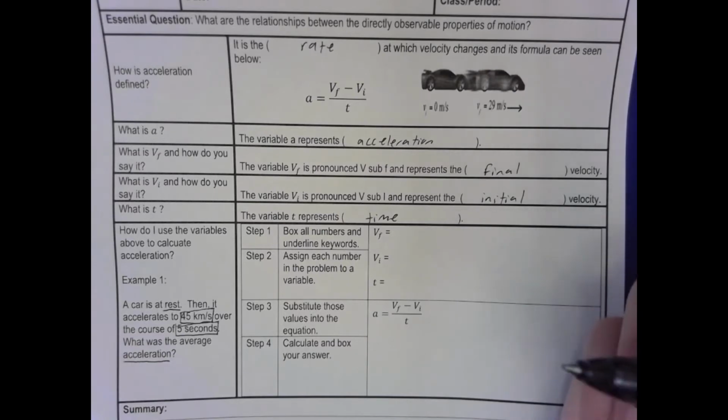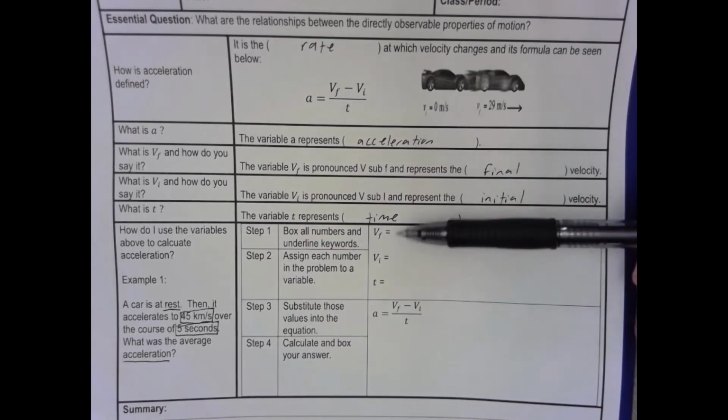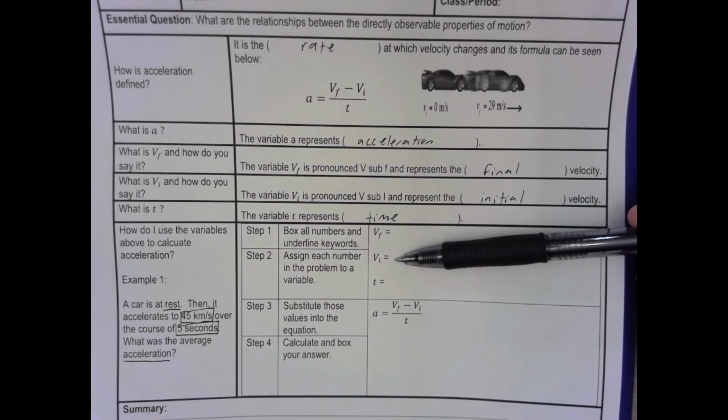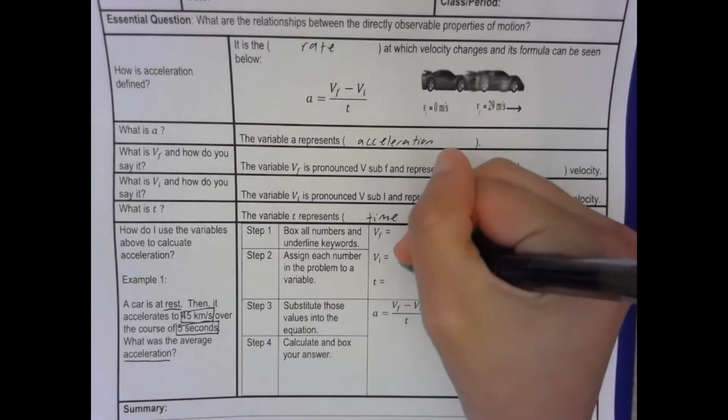It is going 0 kilometers per second. I chose kilometers per second because that's what it's expressed as earlier. So it's going 0, and that's a velocity. Is it the final velocity or the initial velocity? That is going to be our initial velocity because we're starting at rest.